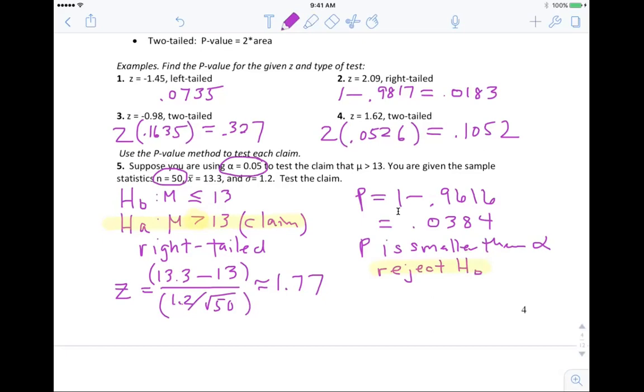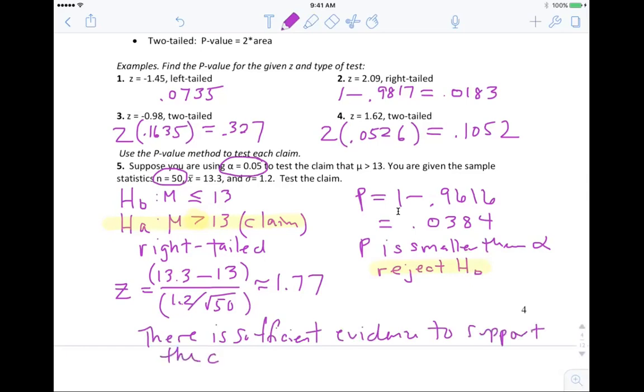Right? So in my final conclusion, there is sufficient or enough evidence to support the claim. And that's really the answer to this question.